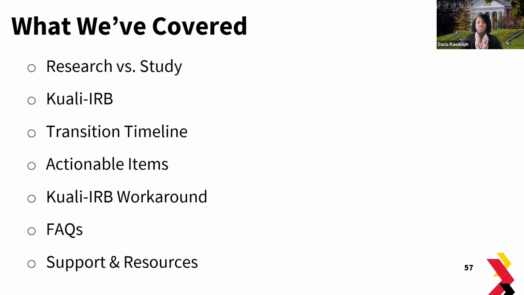There was an introduction to Kuali-IRB with a promise from me to provide you with updates for access and usage during phases 2 and 3. Again, I'll provide those times of when I look to deliver that piece of training once they're made available for me.